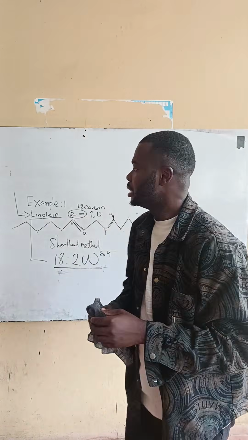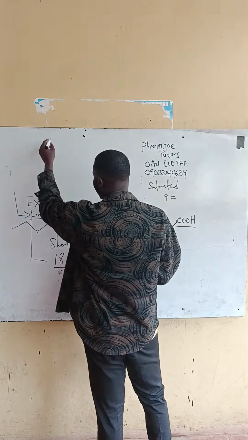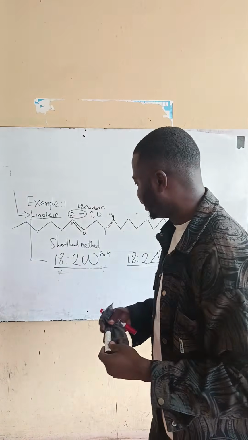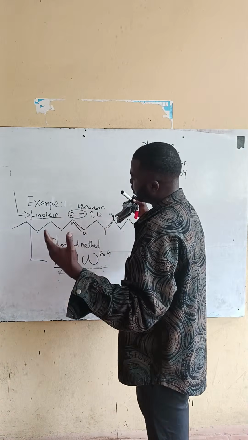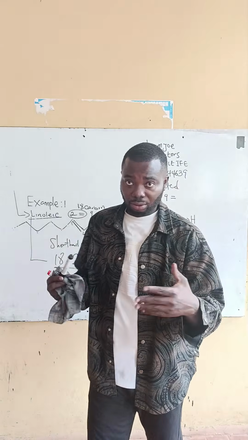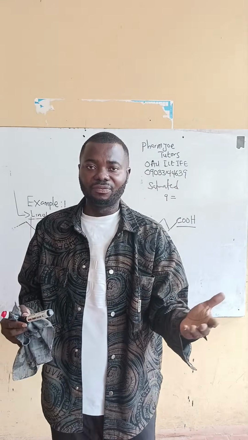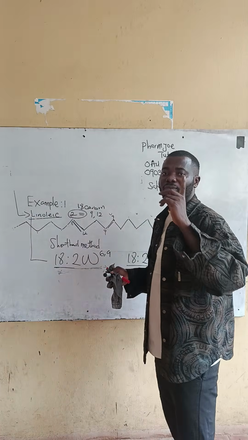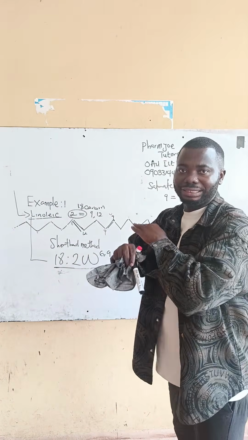Now, how do you know your fatty acid is omega-3 or omega-6? Very simple. We gave them names based on the fact that when you start counting from the back, the position of the first double bond is the name you call it.